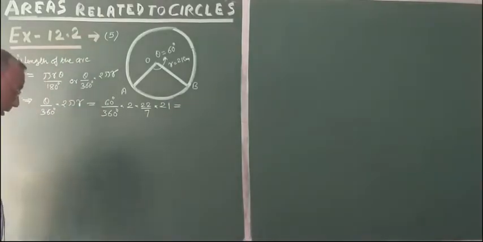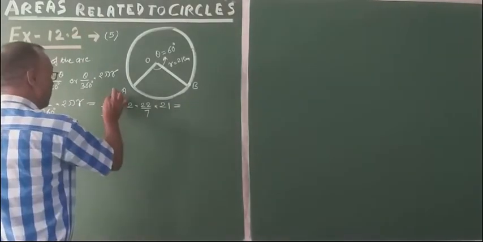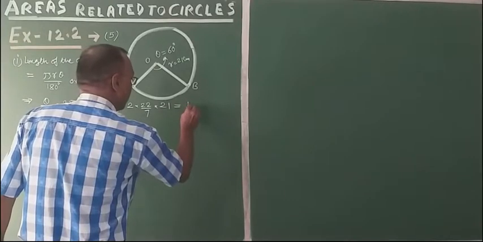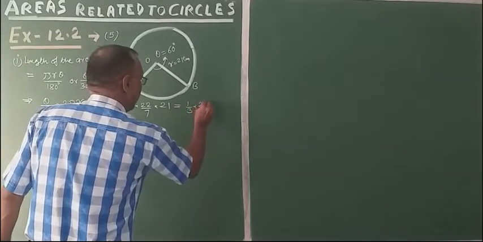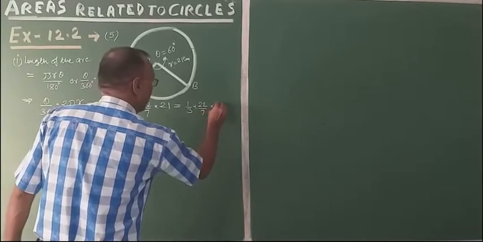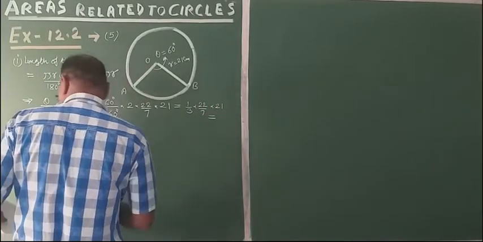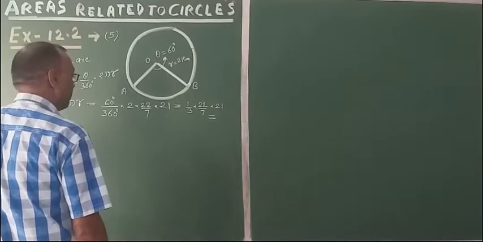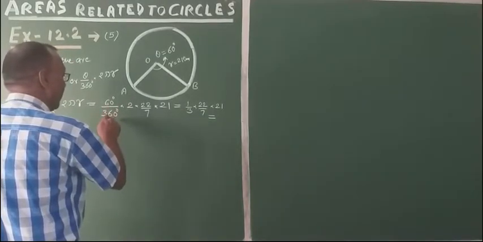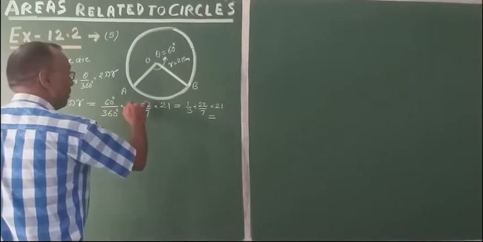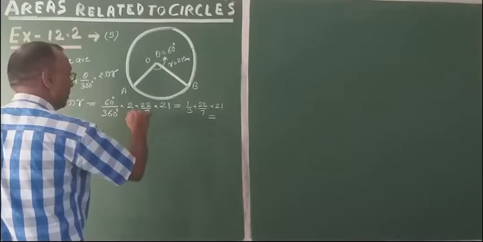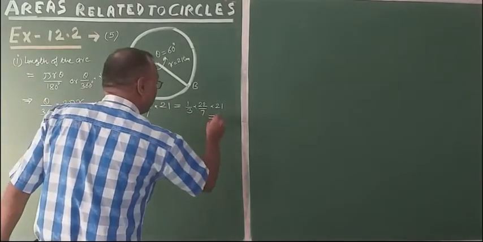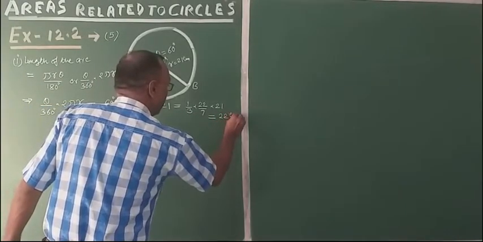When you solve this, 6 and 60 cancel out, so it becomes 1 upon 3 into 2 into 22 upon 7 into 21. 7 threes are 21, so 21 will cancel out, and it becomes 22 centimeter.